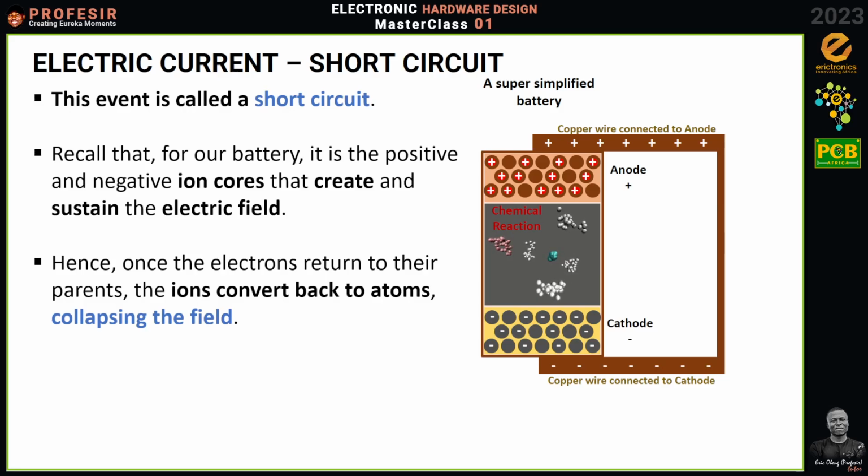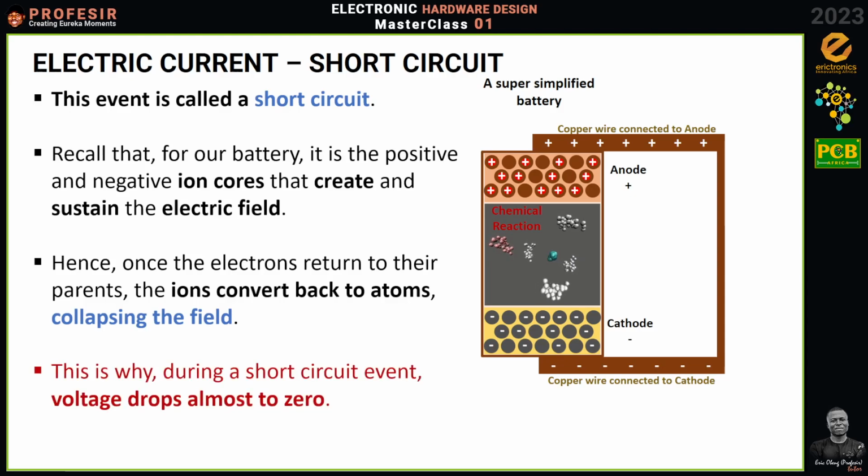Now, physically, when a short circuit happens and you use a meter to measure the voltage of the battery, it's almost close to zero. You get something almost close to zero, if not zero. This tells you that when a short circuit happens, physically it collapses the field. The field that we are dealing with collapses.